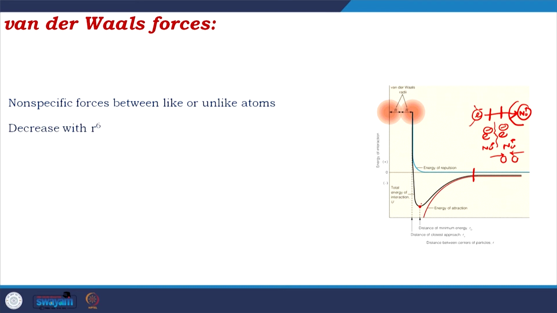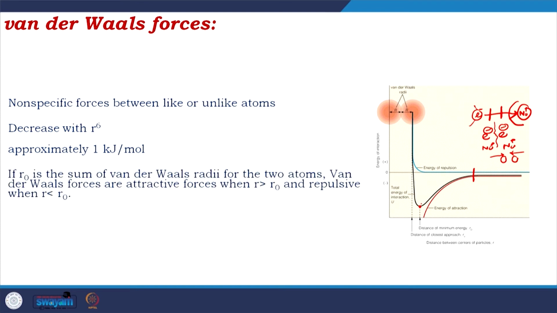It decreases with the power of r to the power 6, where r is the distance, approximately 1 kilojoule per mole. If r0, which is the equilibrium distance, is the sum of van der Waals radii of the two atoms, van der Waals forces are attractive when r is greater than r0 and repulsive when r is less than r0. This is the repulsive, this is the attractive.